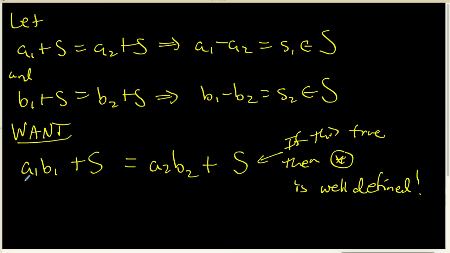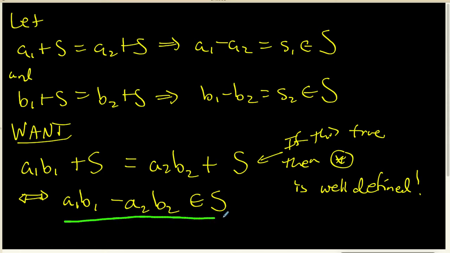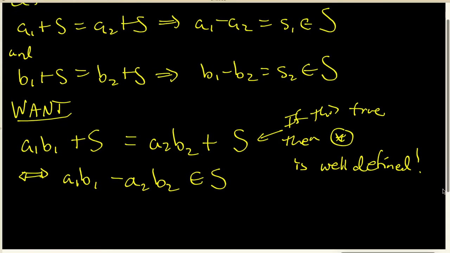So that's why we want this. Well, I happen to know that that will be true if and only if A1 B1 minus A2 B2 belongs to S. And so our starting point is that we're going to be seeing what we can do that will ensure that this difference, A1 times B1 minus A2 times B2, really will belong to S. So let's actually explore that.